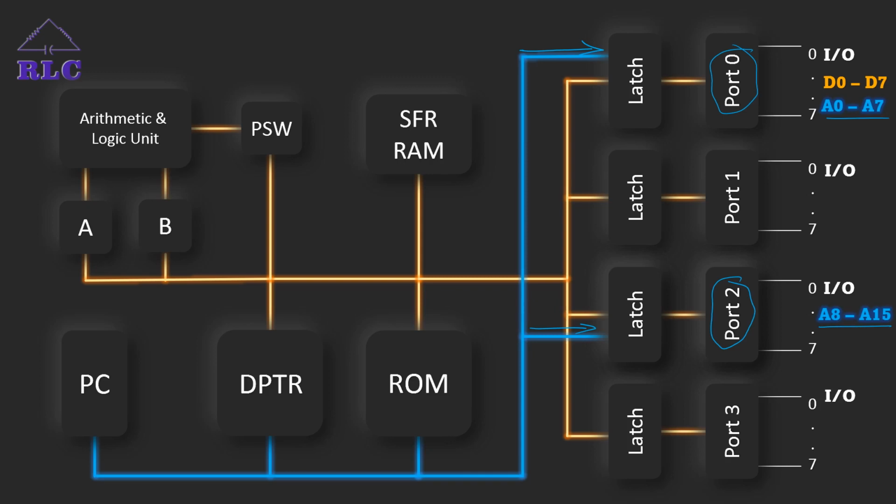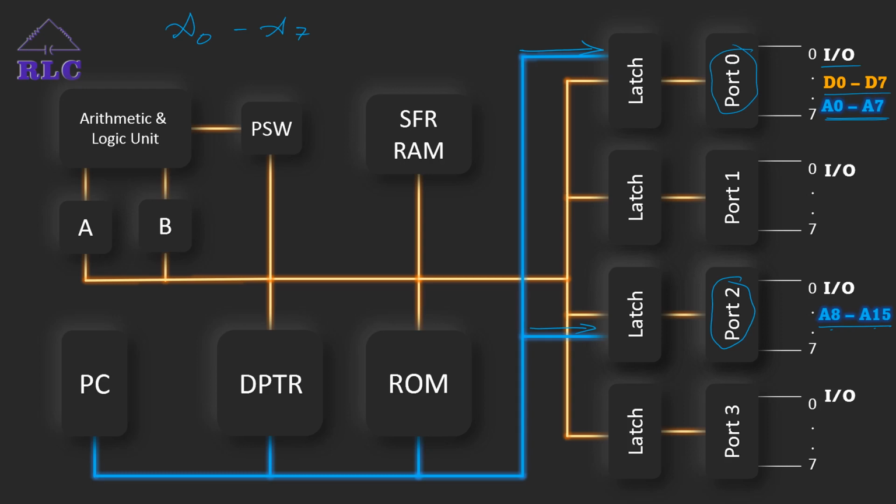Port 0 acts as an input output port, data pins, and also address pins, from A0 to A7, that is the lower byte address. Then the higher byte address is placed in port 2, that is A8 to A15.